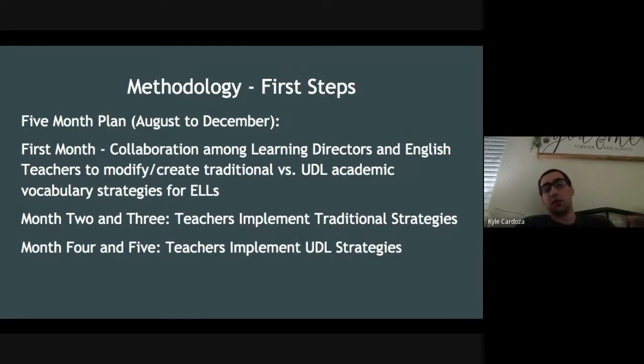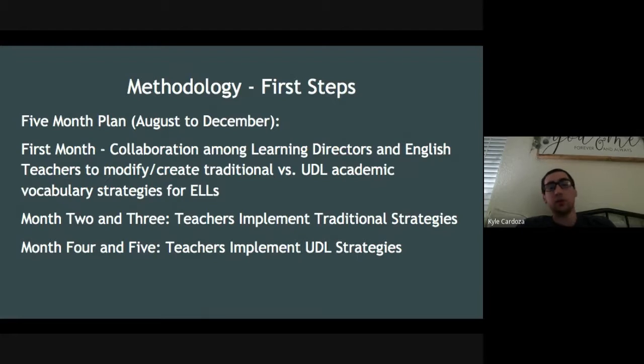And this is really without implementing UDL strategies or guidelines. They would come up with traditional strategies or modify the strategies or lessons that they already use, categorize that as traditional, and then create or continue to utilize or modify UDL strategies.